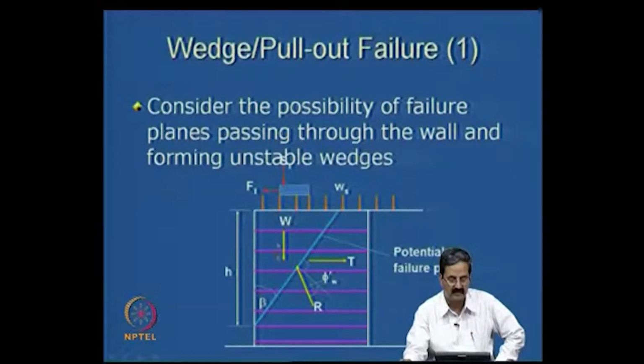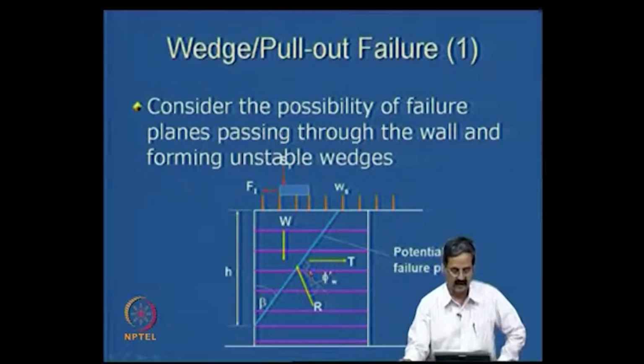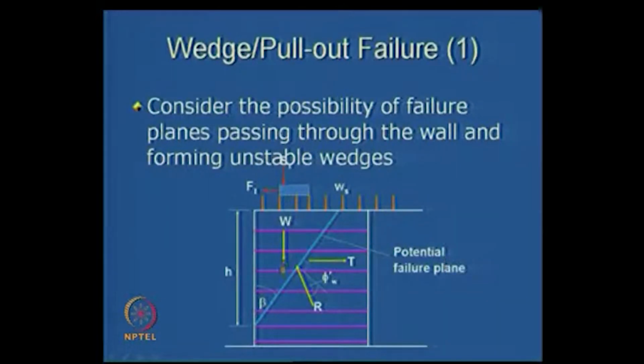We try to have a number of wedges like this, and say for example in this wedge, you have 1, 2, 3, 4, 5, 6 layers of reinforcement here. So you have 6 layers of reinforcement, and they have to be in a position such that the wedge is stable, which means that the sum of all these tension forces in the reinforcement should be such that it is stable.